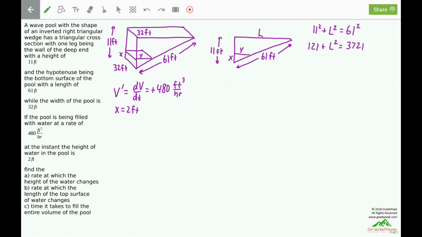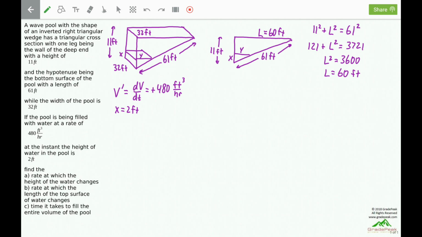We can now subtract 121 from both sides, and L squared will equal 3,600. We can take the square root of both sides, and the square root of 36 is 6. The square root of 2 zeros becomes 10. So L is 60, and the units of length will be in feet. We're only going to keep the positive square root because it will be a length. The negative square root will be ignored. That's a constant, so that now can be labeled on the picture here as 60 feet.